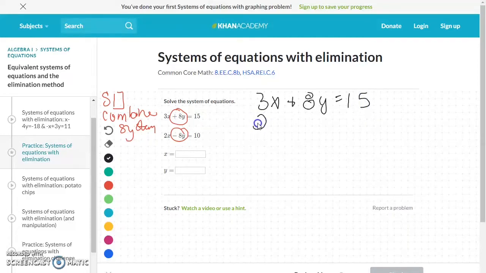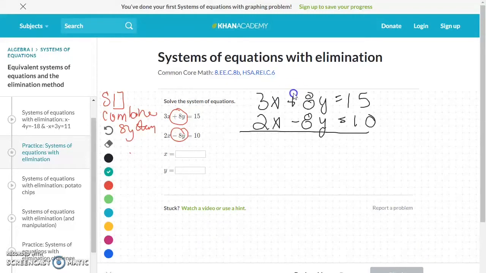Immediately you would use elimination to solve this, because we're going to eliminate the y value. Most of the time it doesn't come this easy, but if it does, just go ahead and use elimination. There's no other reason why you shouldn't.